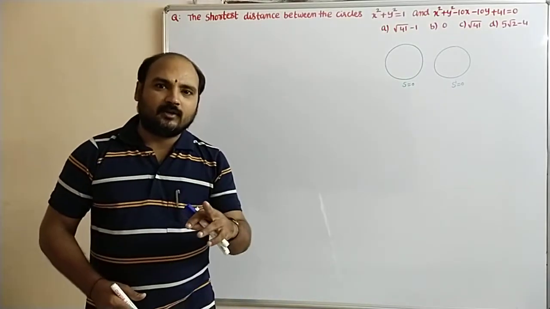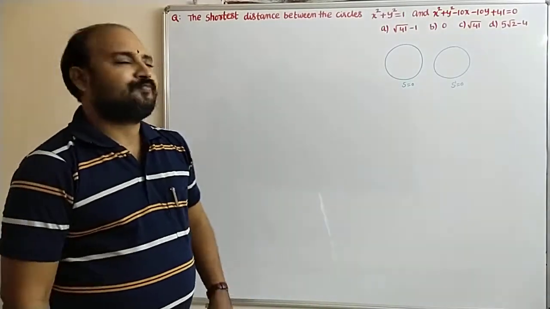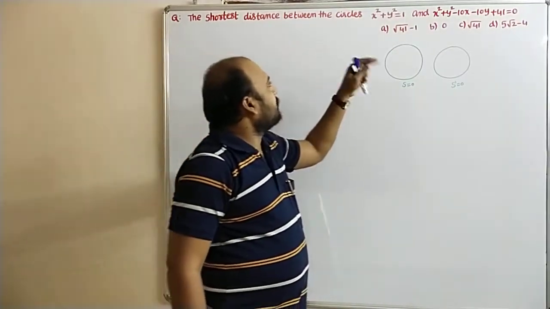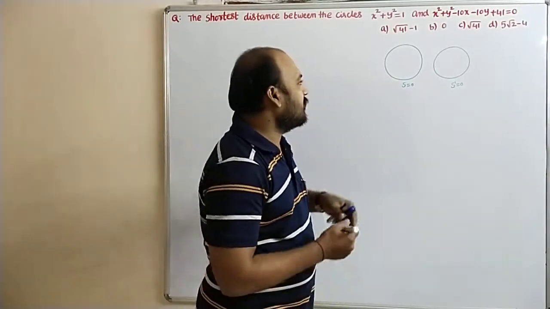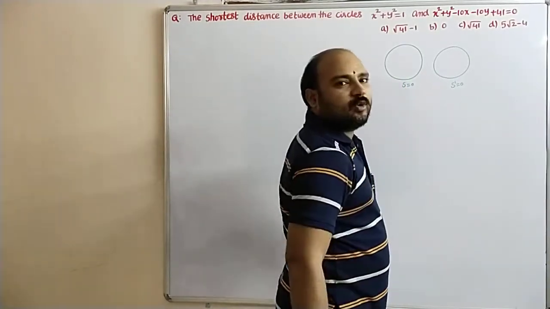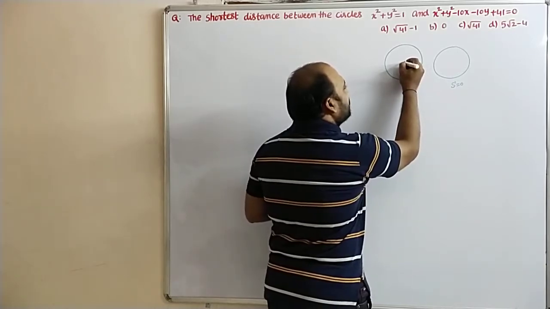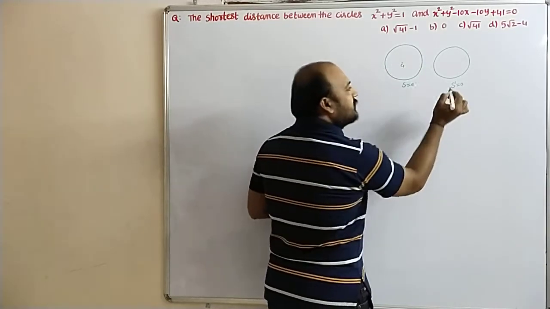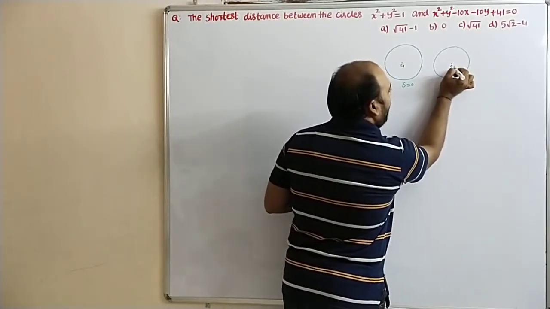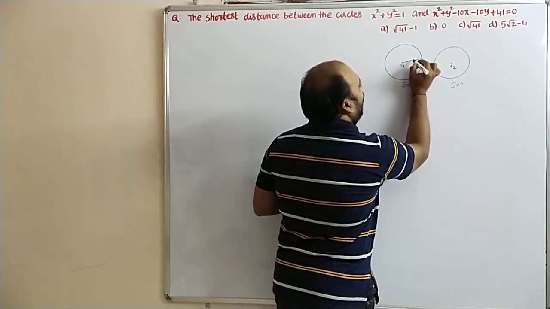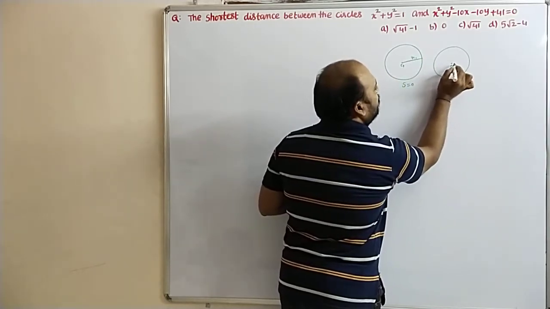Are you able to see here? Right. The shortest distance between the two circles we are discussing. S equal to 0 and S dash equal to 0 and their centers C1 and C2 and their radii R1, R2 respectively.